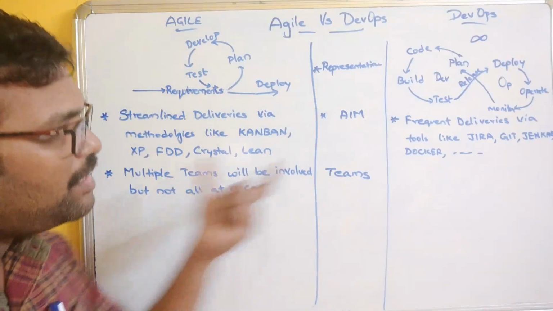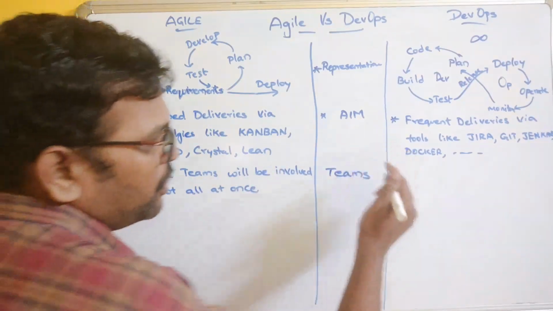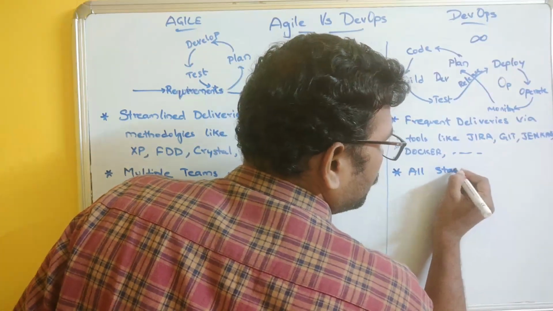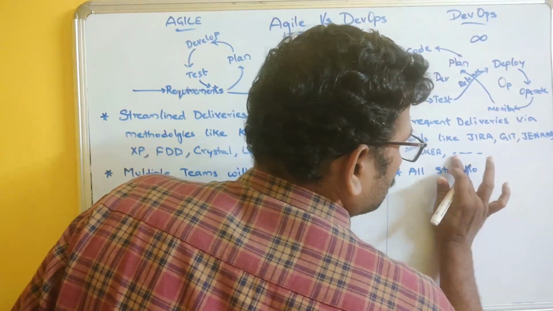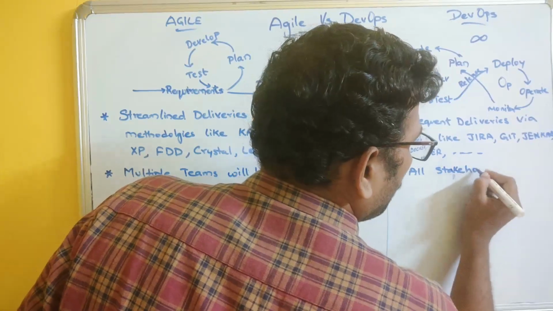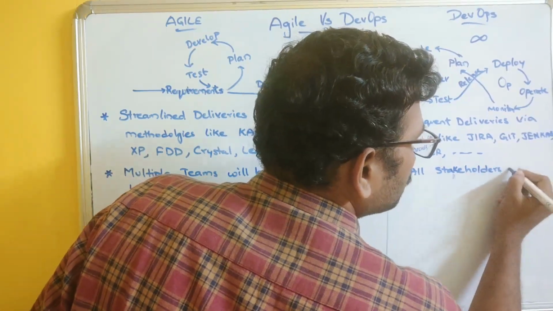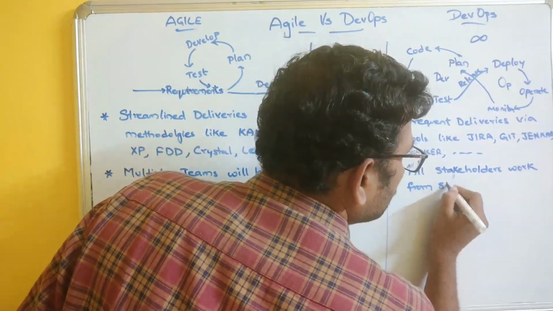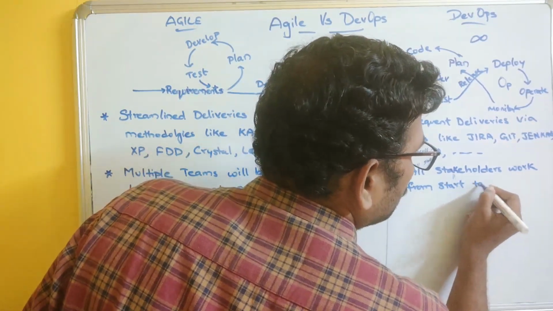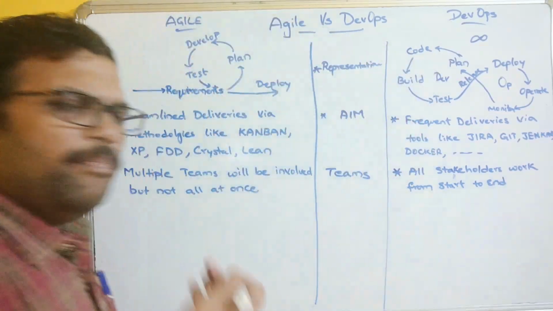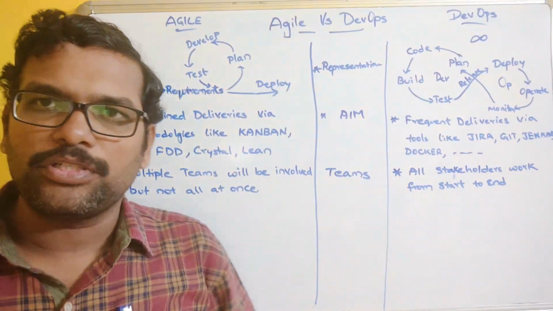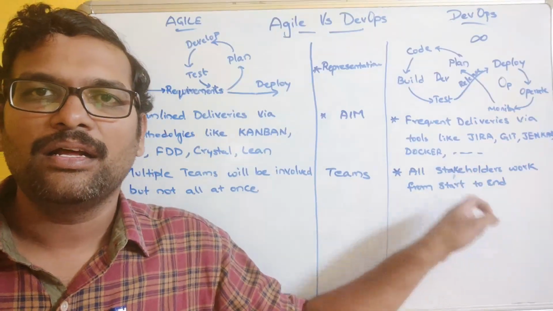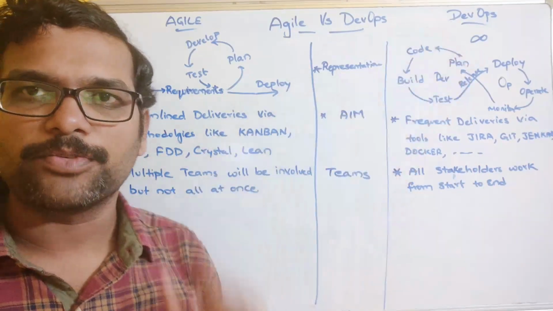That has been overcome here. So here all stakeholders will work from start to end. From the beginning of the project till the end of the project, all the stakeholders will be involved in this particular methodology. That is DevOps.